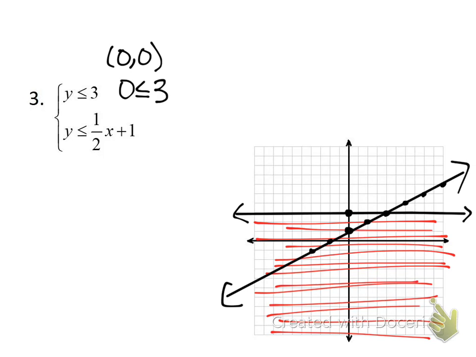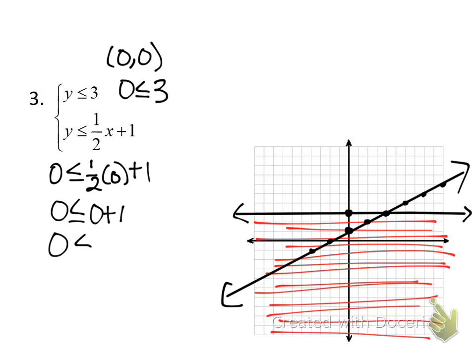Now we have to decide where we are going to shade. What point do we want to test? 0, 0 is always the easiest one as long as our graph doesn't go through it. We plug a 0 in for y, a 0 in for x. What is 1/2 of 0? 0. 0 plus 1? 0 is less than or equal to 1. Yes. So, am I shading above or below my line?